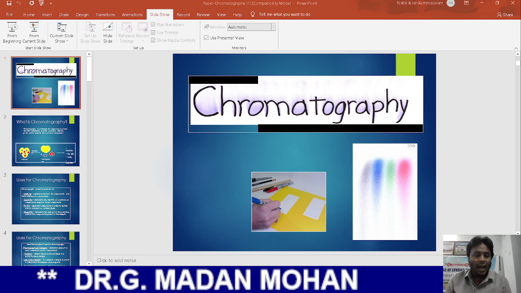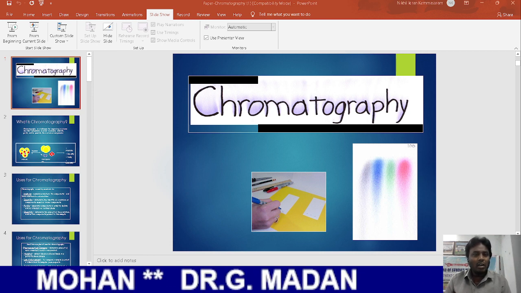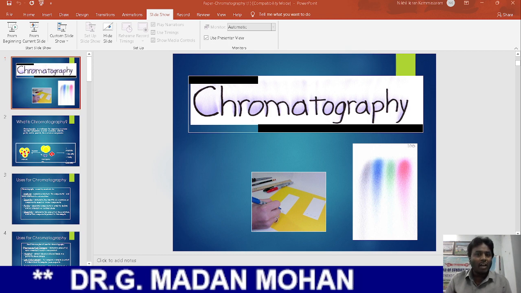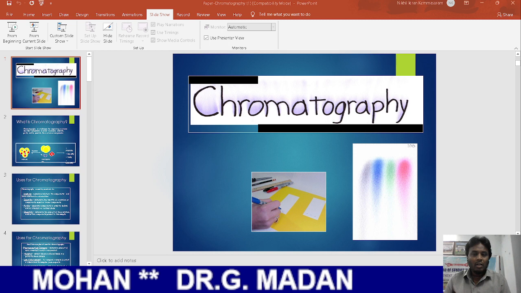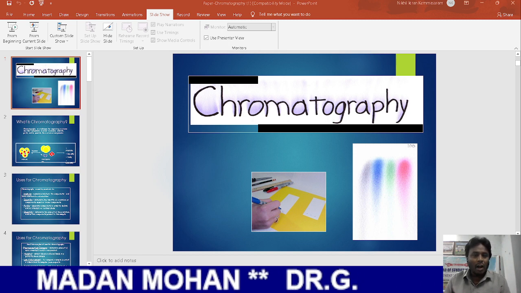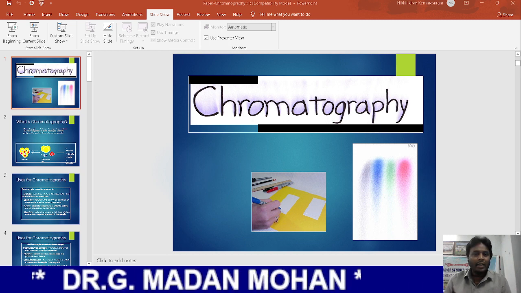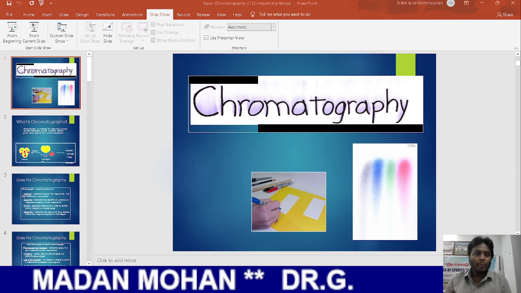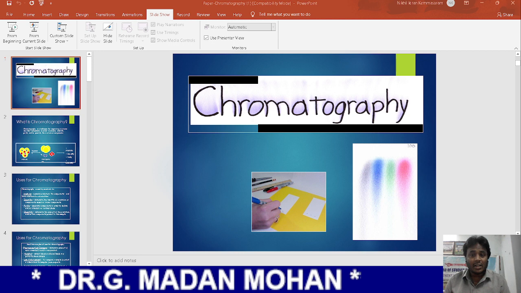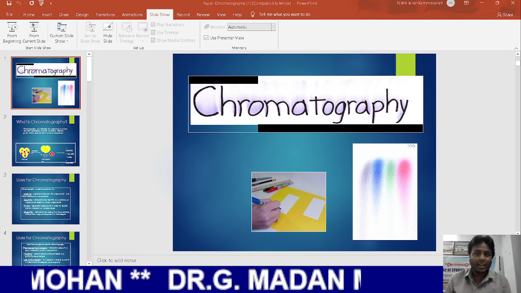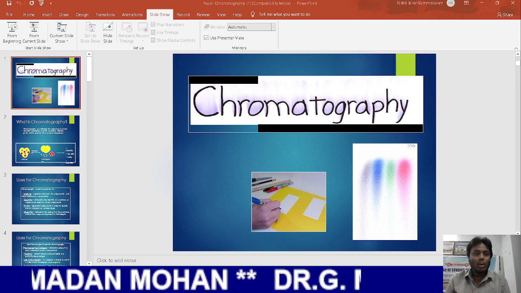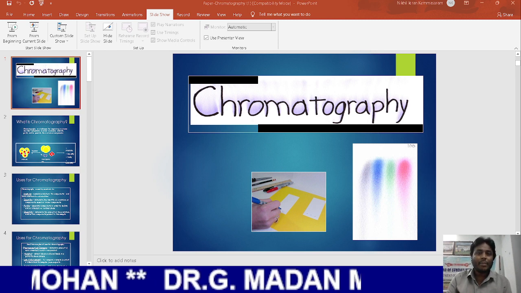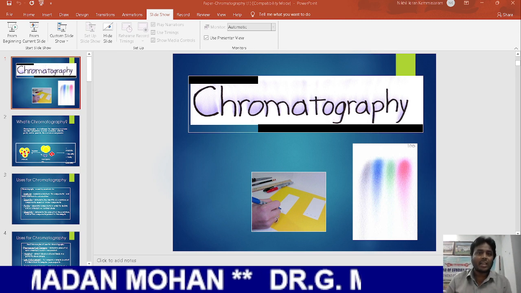The components having more weight will travel slowly, and the components having less weight will travel faster. After some time, the components will be at different places, and these components can be identified by observing the spots. If the components are colored, we can see the colored spots directly. If the components are not colored, we convert them into colored form by adding a coloring reagent. You can see how the separation is done.